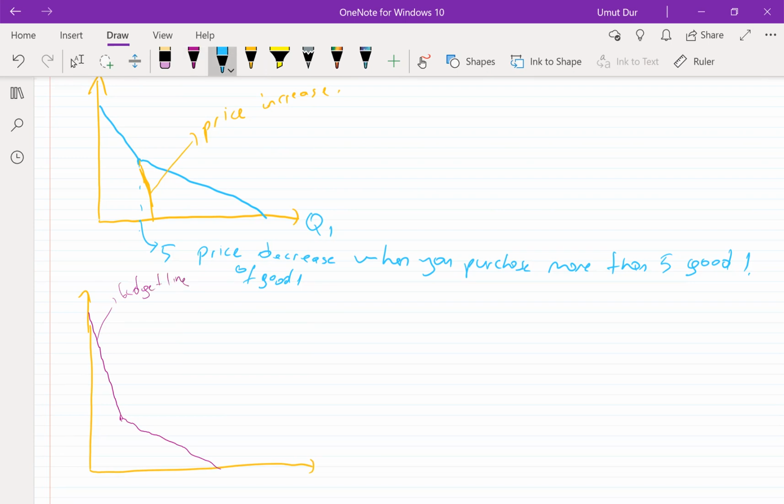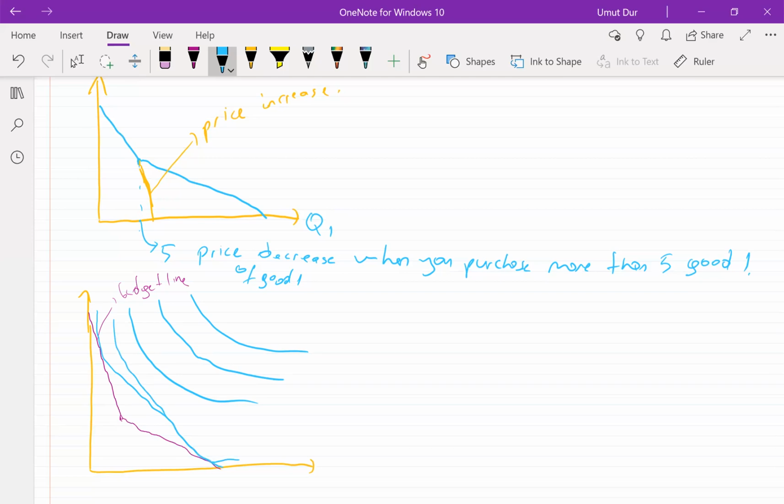And we have this indifference curve. These indifference curves may be tangent like that, or tangent like this.